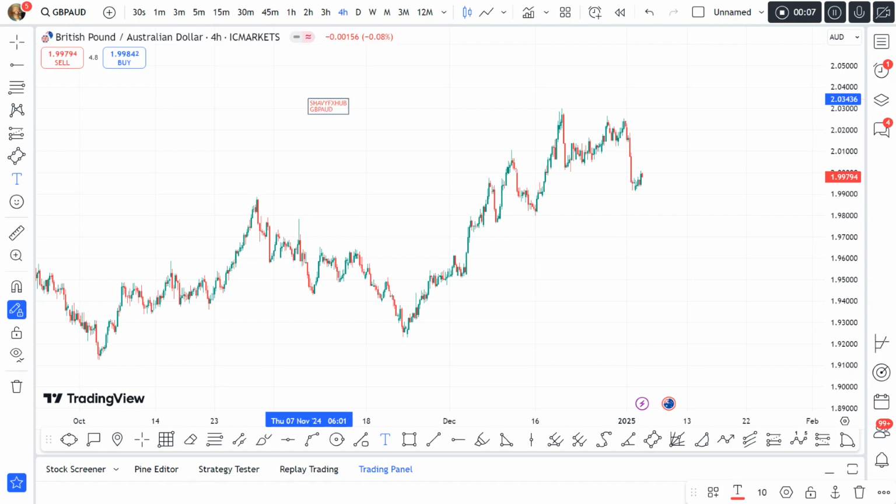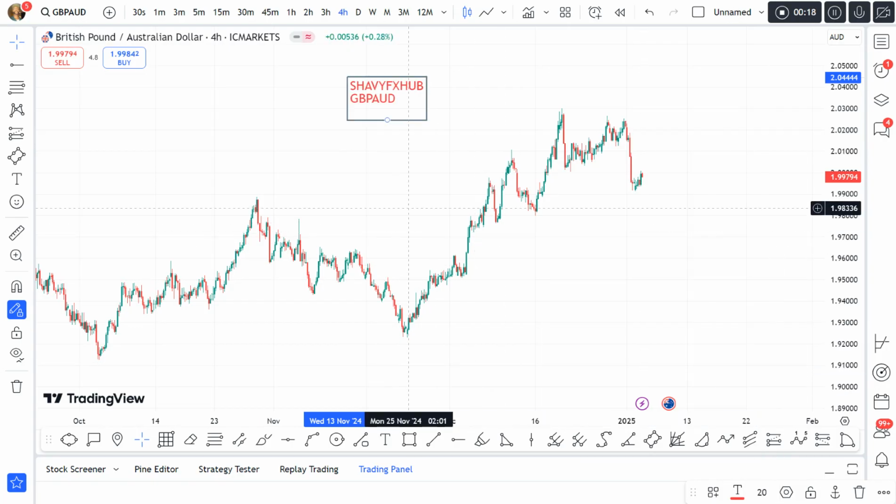GBP AUD 4 hours. So we're using multi-time frame in order to give us a clear directional bias as to where this pair is going to.